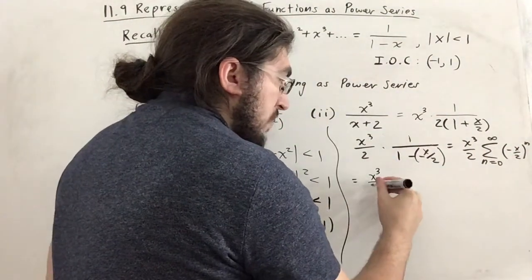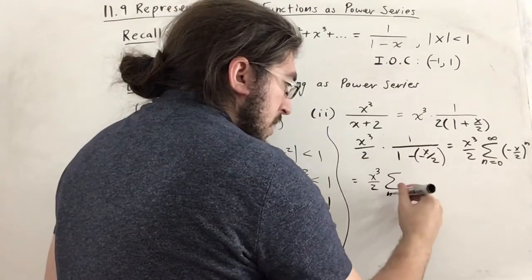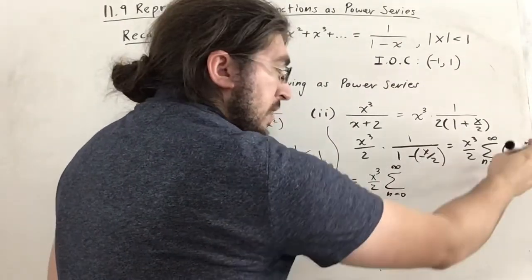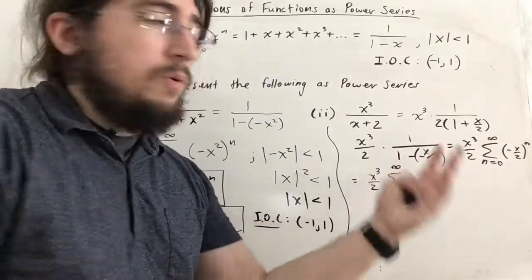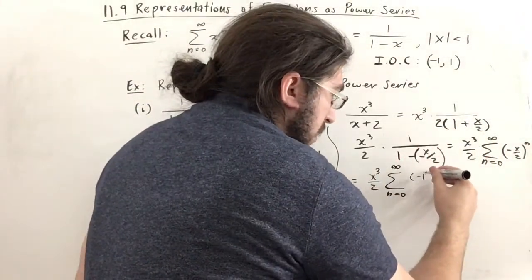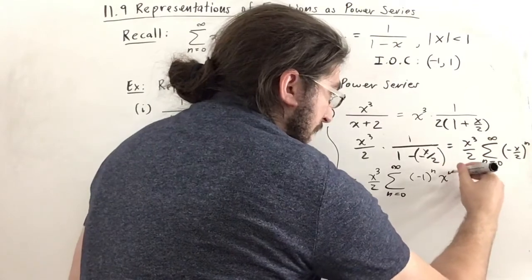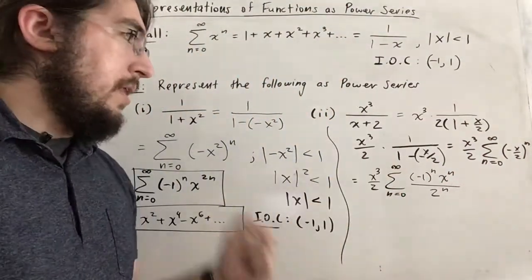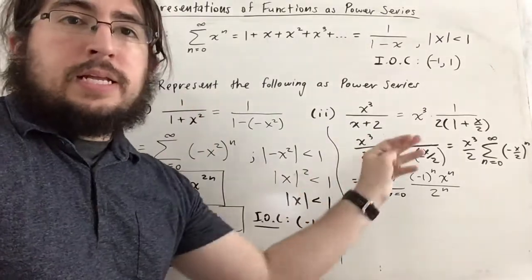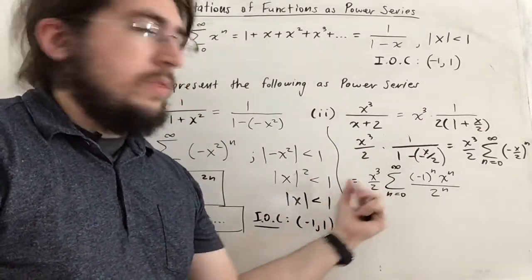So we get x cubed over 2, sum from n equals 0 to infinity of, so if you break this up, remember the top is negative x, but that's negative 1 times x. That's negative 1 to the nth, x to the nth, over 2 to the nth. So if you split it up amongst the powers, you get that basically. Now bringing x cubed on the inside is just distribution, same thing with the over 2.